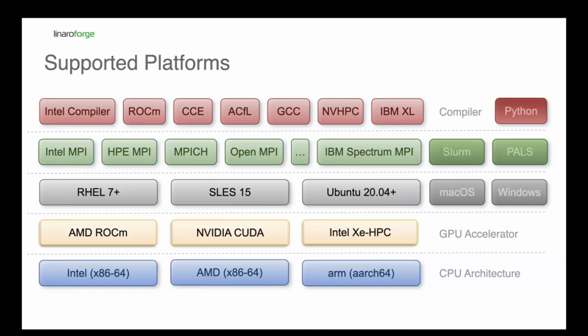The debugger supports C, C++, Fortran, as well as Python code. So if you're debugging any ML models written in Python, the debugger will be able to debug the Python parts of those codes, as well as any C parts that are available.